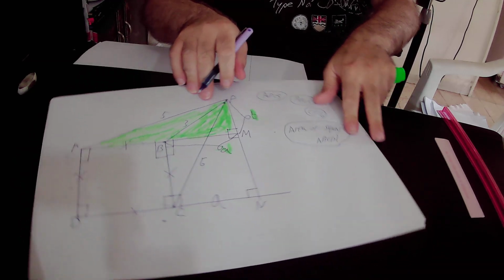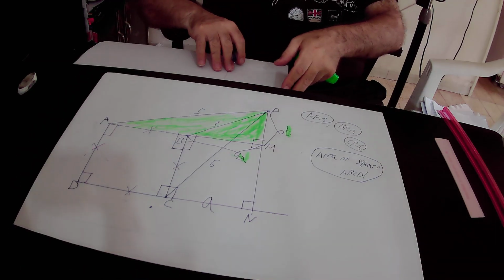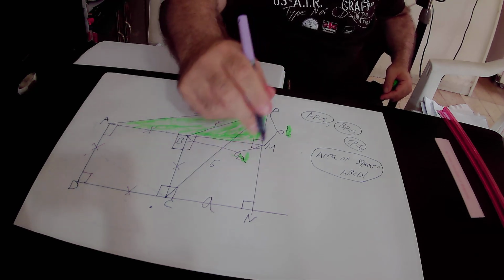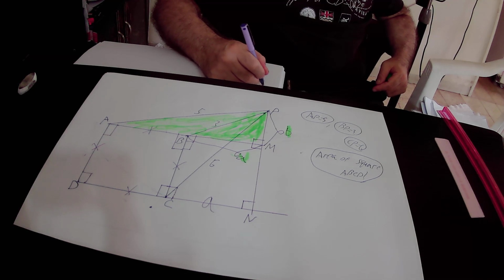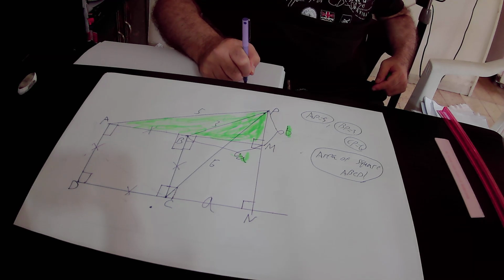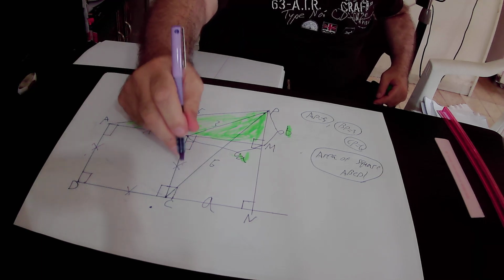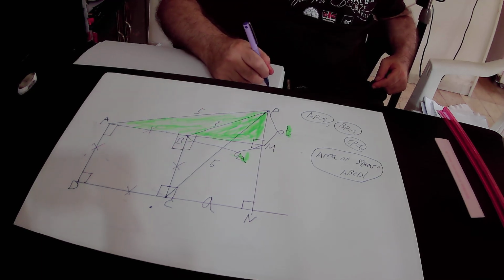Likewise, according to the same rule that the opposite sides of a rectangle are equal to each other, we get that BC equals MN. But according to our definition, BC equals x, so we can write down that BC equals x.